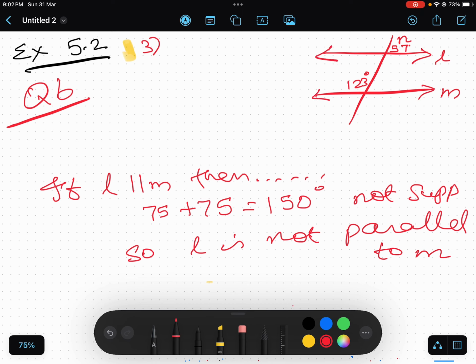These are all lines. Transversal N is also a line. Now again we will use the same idea. Mark this as A. So A is equal to 57 degrees, vertically opposite angles. If L is parallel to M, then the sum of interior angles on the same side of the transversal will be supplementary.